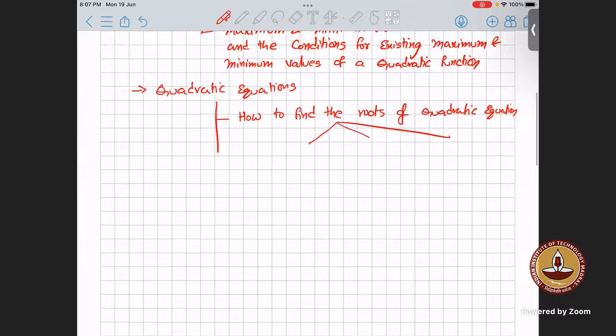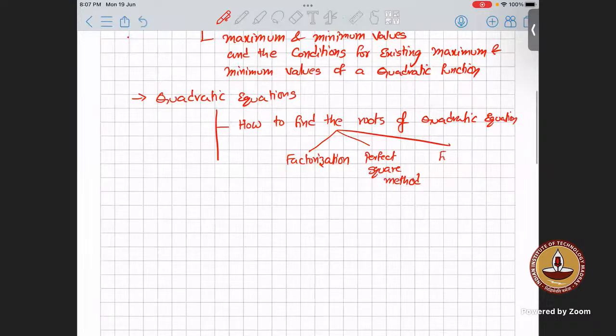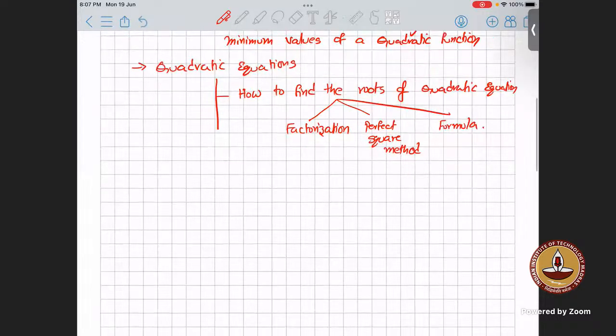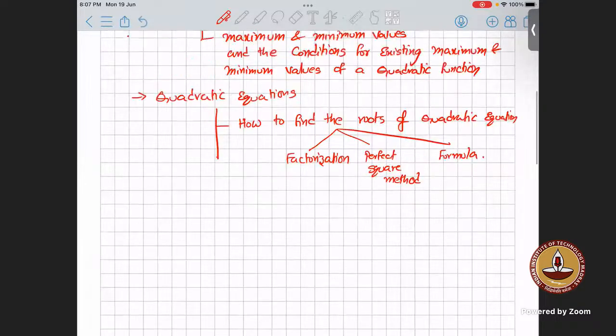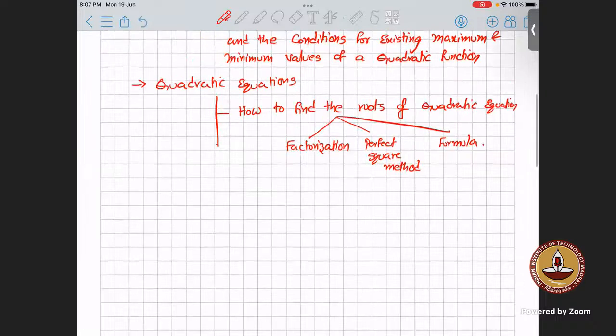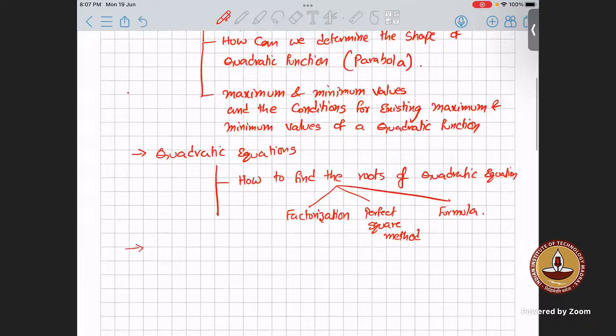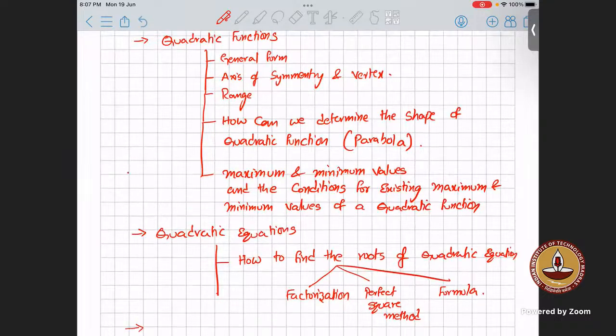One is factorization, and the perfect square method. And finally, the direct formula. We'll discuss this, and then finally we will do some activity-based questions. Clear? Yes, sir.